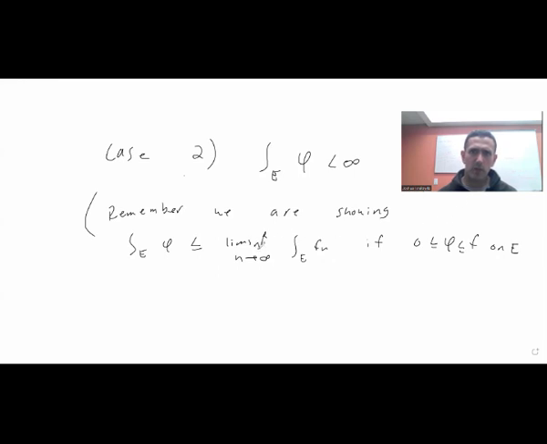In that case, we showed that the limit on the right-hand side is infinity also, which means the lim inf is infinity. So, or rather, the limit as n goes to infinity of the integral of the fn's is infinite, which is the same thing as saying the lim inf as n goes to infinity is infinite. So yeah, this is simple.